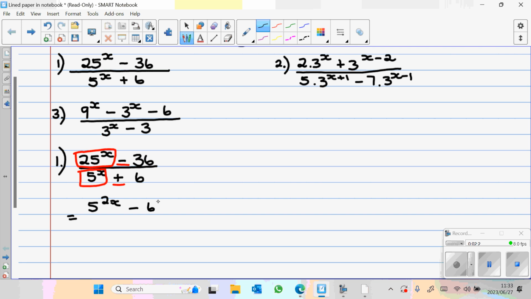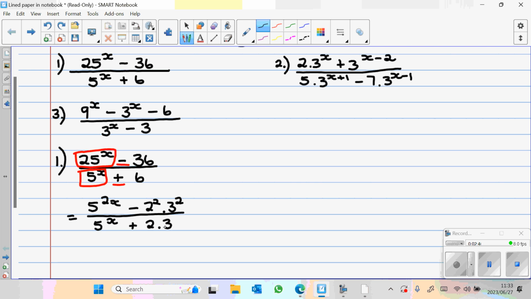So both of them are squared. So let's write it like that. 2 squared times 3 squared. Okay, and then it is 5 to the power of x plus 2 times 3.